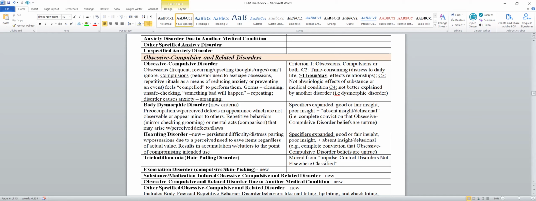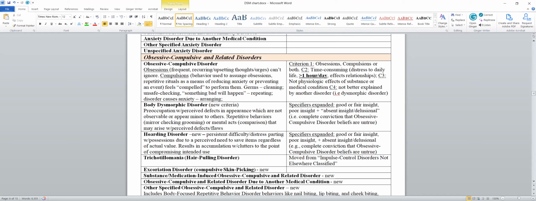So moving on to body dysmorphic disorder, which is new. Preoccupation with perceived defects in appearance which are not observable or appear minor to others. Repetitive behaviors like mirror checking and grooming, or mental acts like comparing themselves, may arise with perceived defects or flaws.